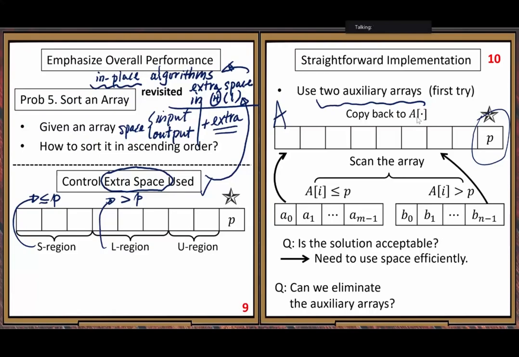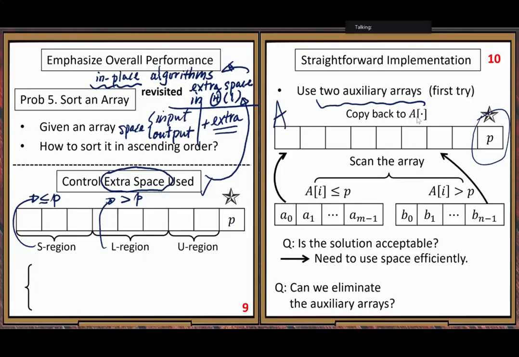Because we want to eliminate the auxiliary array, we need to use the storage locations in the original array efficiently, in a stingy way. We cannot waste the precious space from the original data.